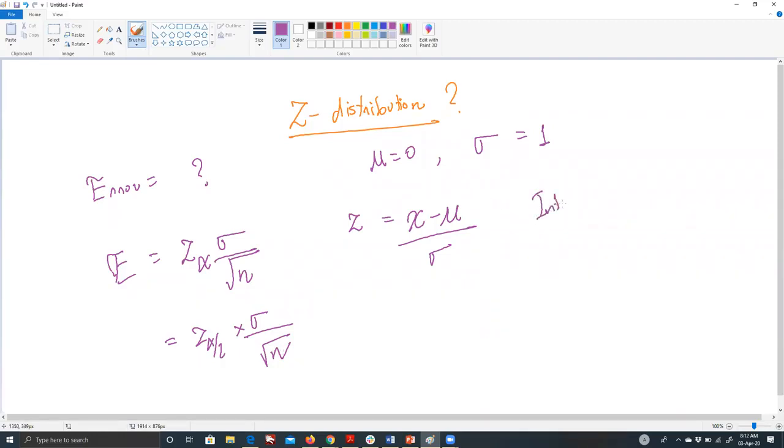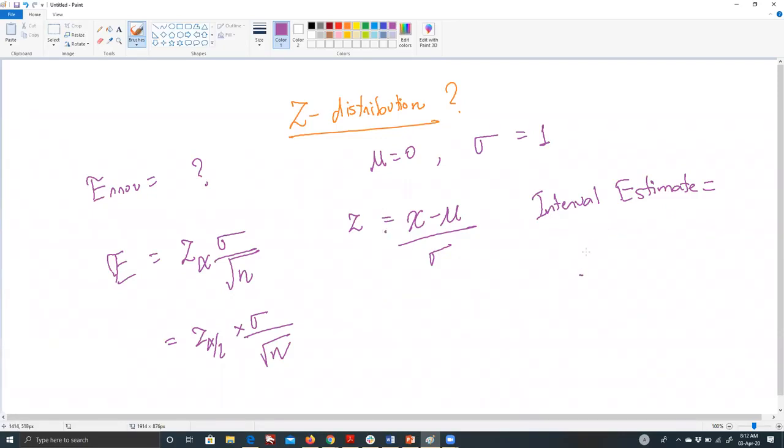or interval ranges. Let's call it interval estimate. So what is interval estimate? It is mu plus minus, right?